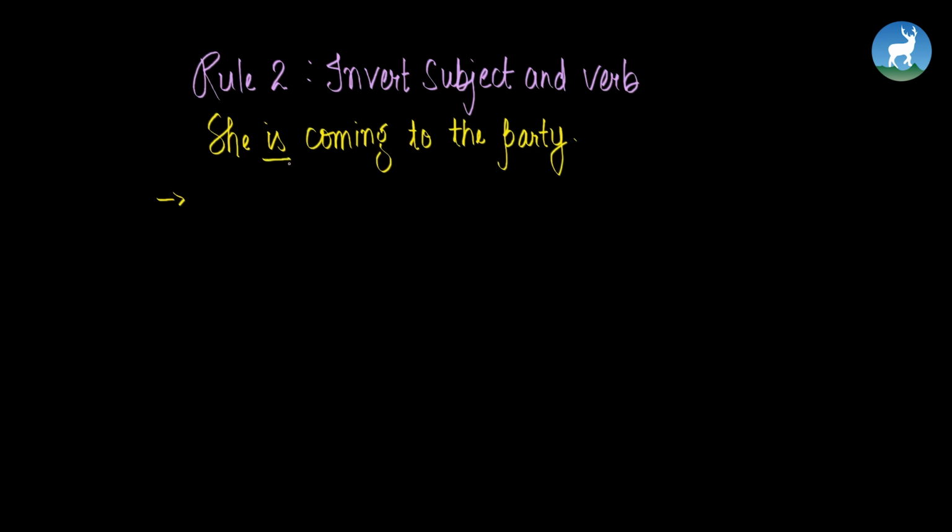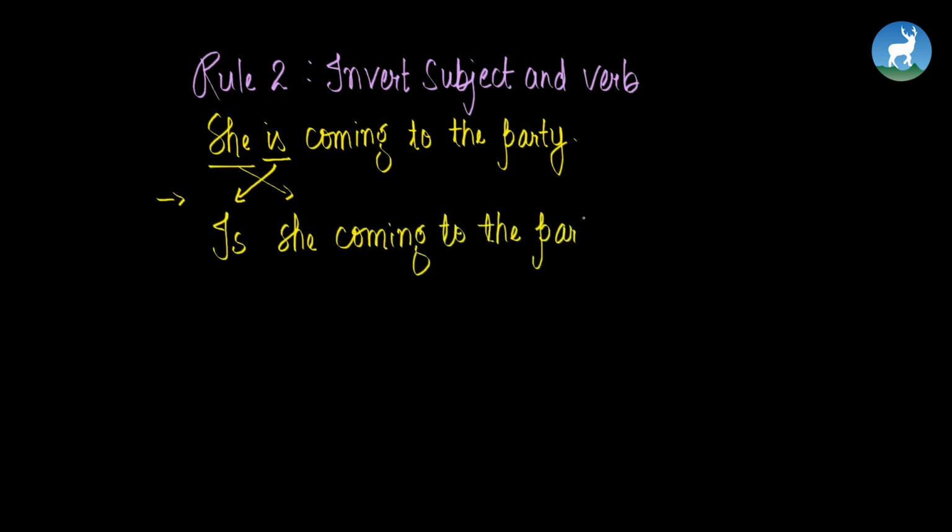So, here is the auxiliary verb and this one is the subject. We just invert their positions. Is she coming to the party? And here we add a question mark. Now, we have formed a yes or no question from a simple sentence.